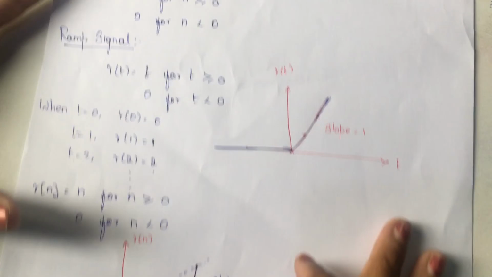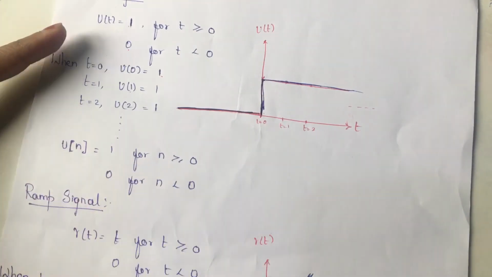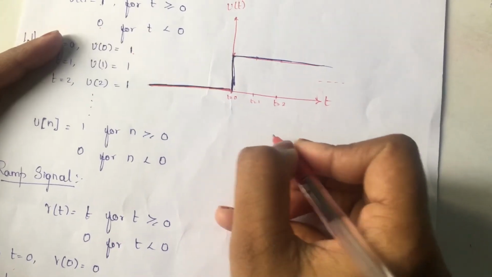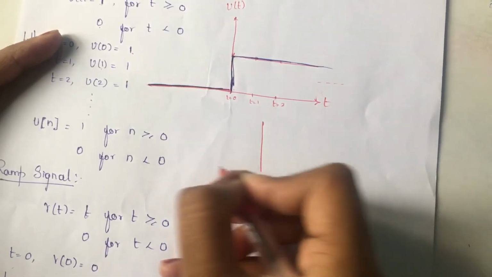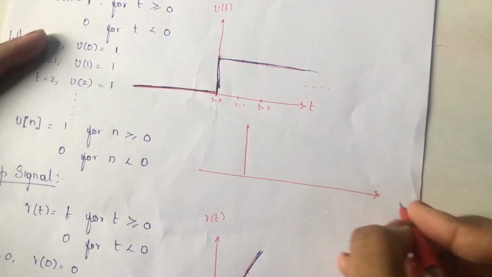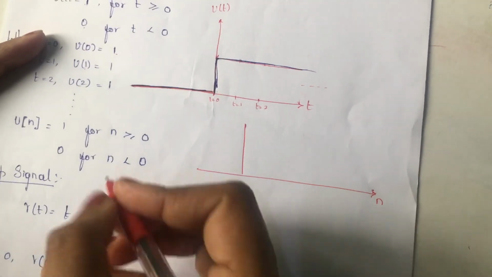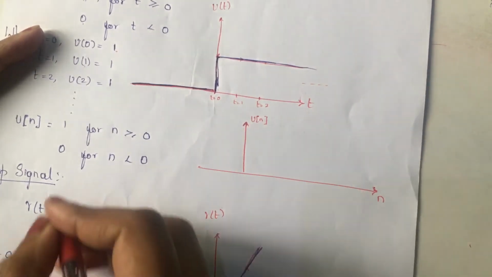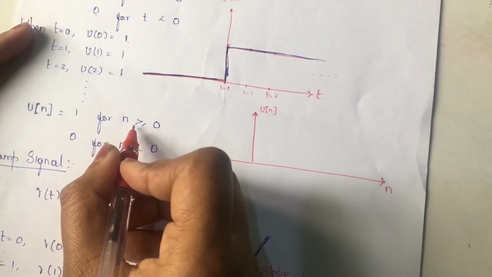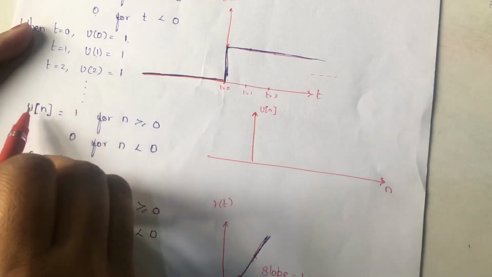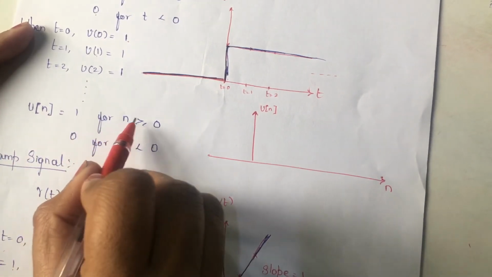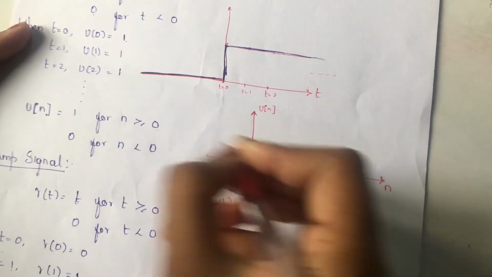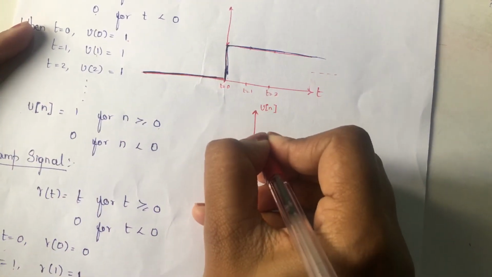One more thing I forgot to say is the unit step signal for DT type. Here also let us draw our unit step signal, that is, the x-axis is n samples and the y-axis is u of n. The function value is 1 for n greater than or equal to 0. When n is equal to 0, u of 0 is 1.